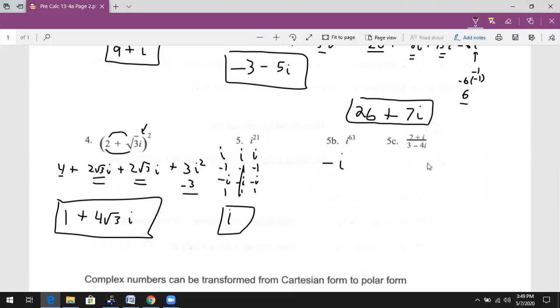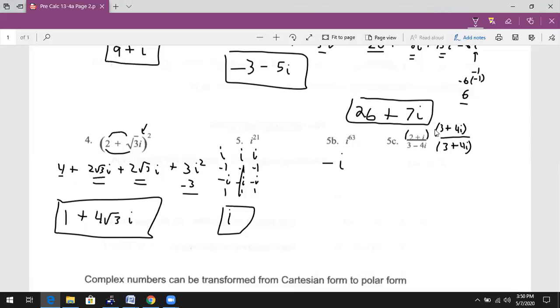What if we have complex numbers divided by each other? Just like with irrationals, we're going to have to take top and bottom times the conjugate, 3 plus 4i, because i essentially is the square root of a negative. If you're thinking of a square root, you have to multiply by the conjugate of the square root thing down here to get rid of it. So we have to do the same thing with these imaginaries.